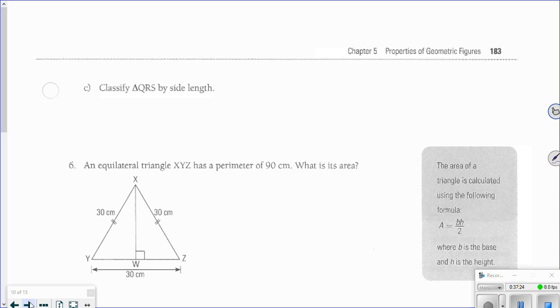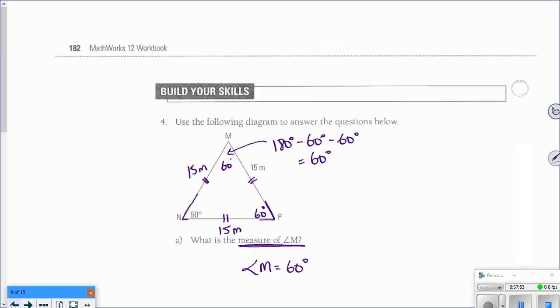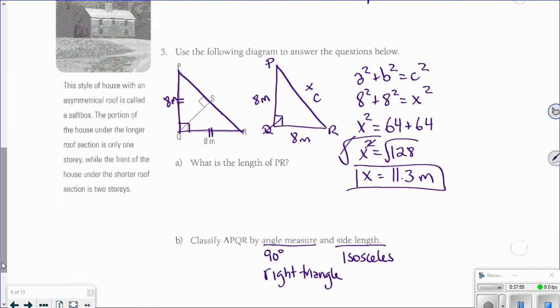The next part says classify triangle QRS by its side length. I'm just going to redraw what QRS actually looks like. So if I go back to my original drawing, Q was over here, S was here, this was R, and actually I'm going to flip back to it for a second, because here, if this side is a right angle, this side is also a right angle.